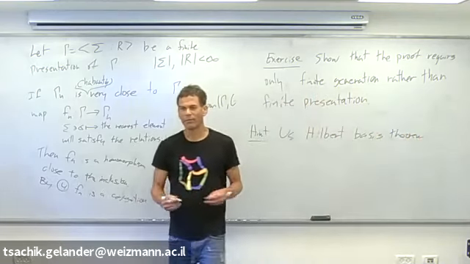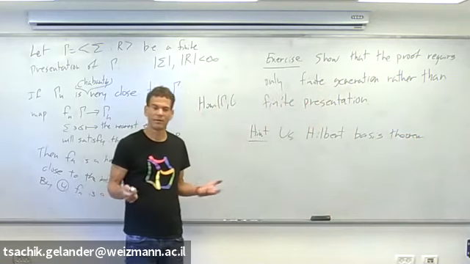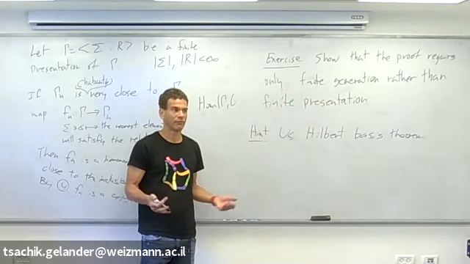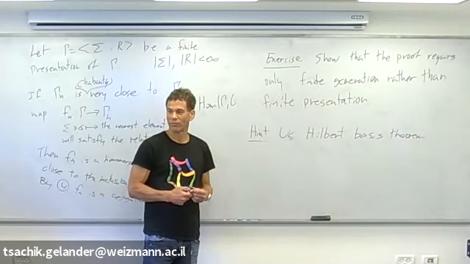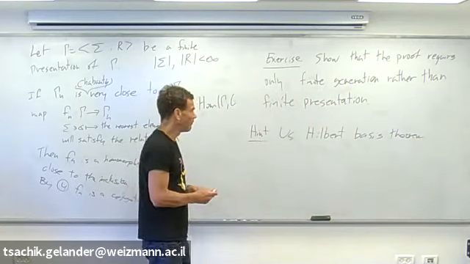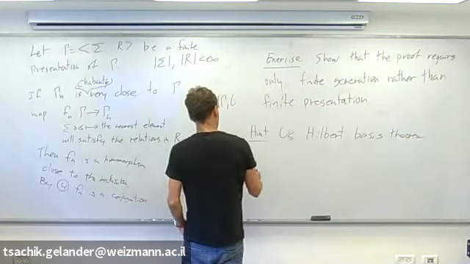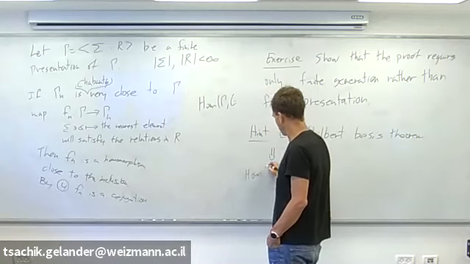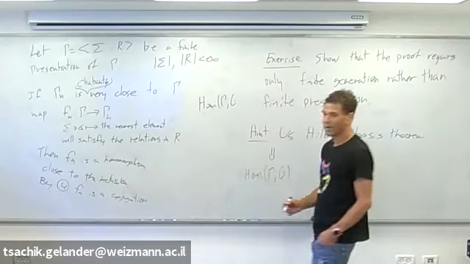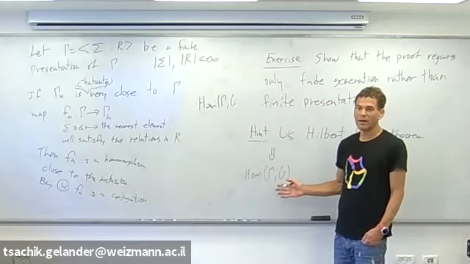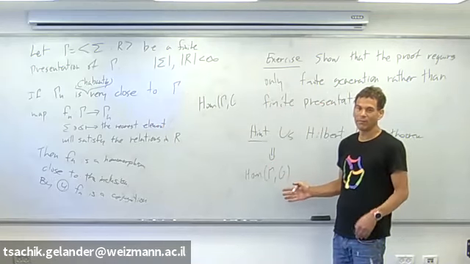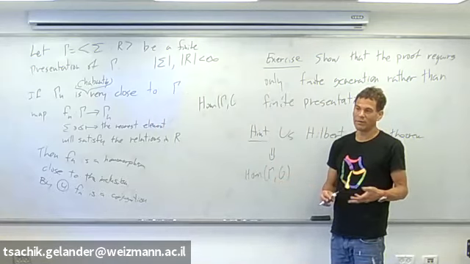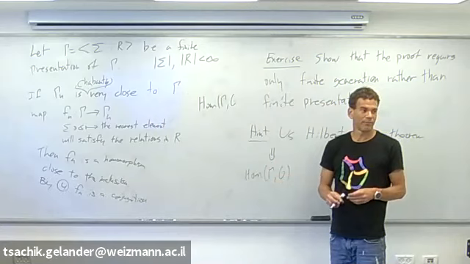What the Hilbert basis theorem says is that the ring of polynomials is Noetherian, so every ideal is finitely generated. Basically, this says that Hom(gamma, G), this is an algebraic variety, is determined by finitely many polynomials.